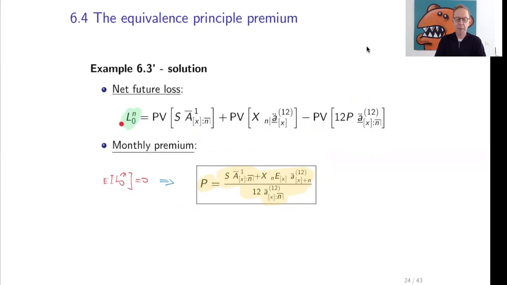We take the expected loss, and setting it equal to 0 leads to this expression for the premium. That follows immediately from taking the expectation and setting it equal to 0. The only thing that we did here is write our deferred annuity in terms of EXN multiplied by A double dot X plus N 12. Okay.